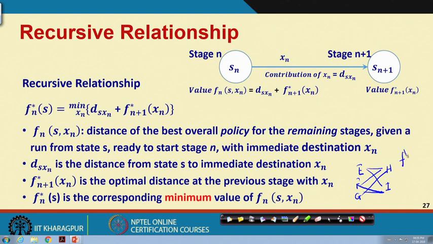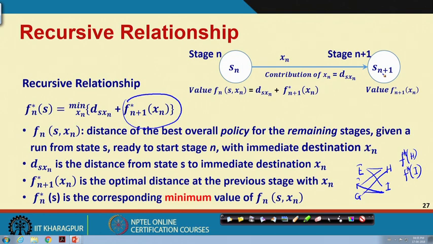Now, we know F star H and we know F star I. So, you see F star H and F star I are actually these values, right. So, F star n plus 1 x n, which is the next stage optimal value.